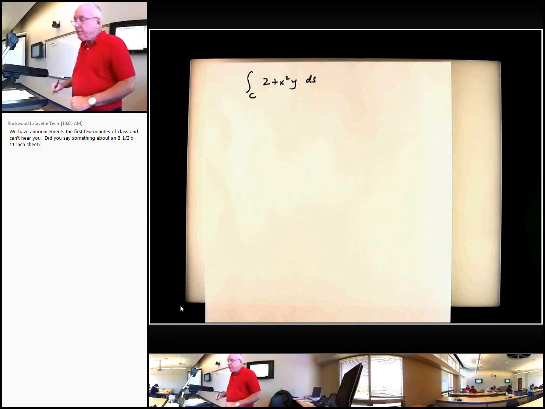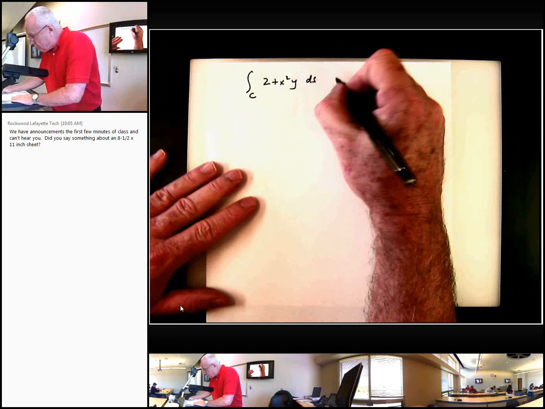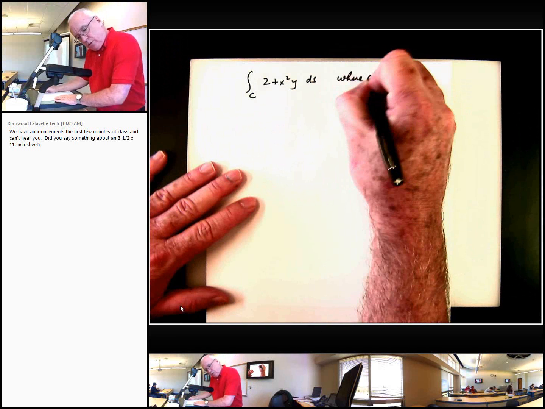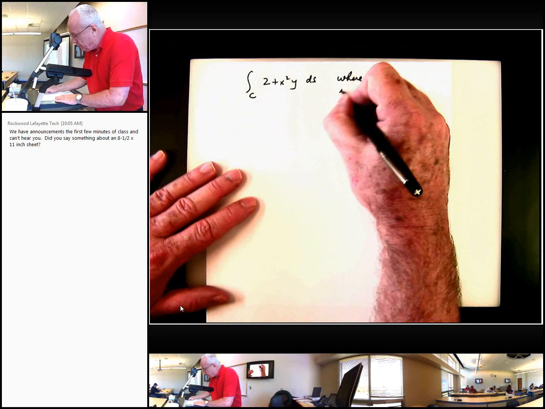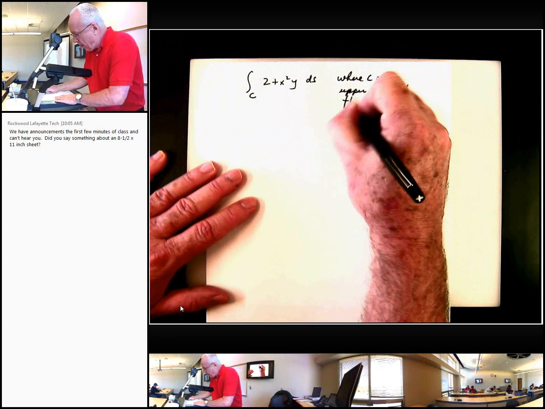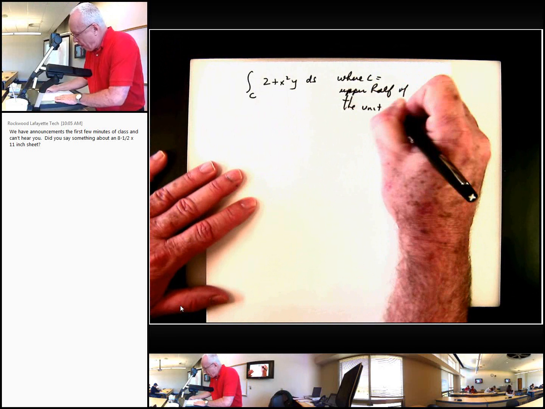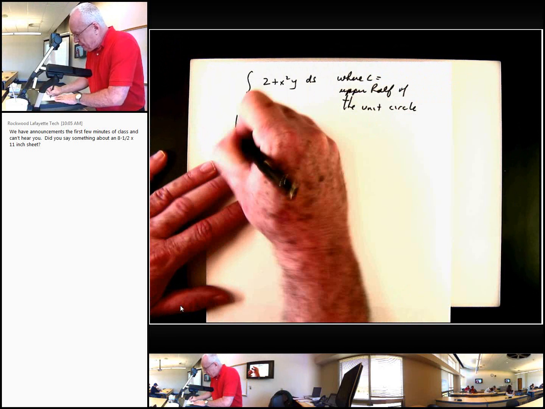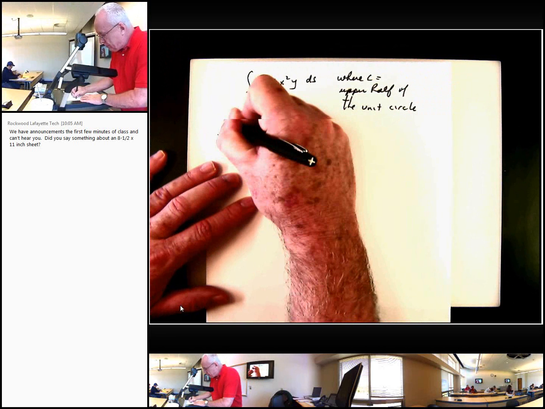And then we have to give our curve, of course, where C is equal to the upper half of the unit circle. So C, therefore, is this right here.